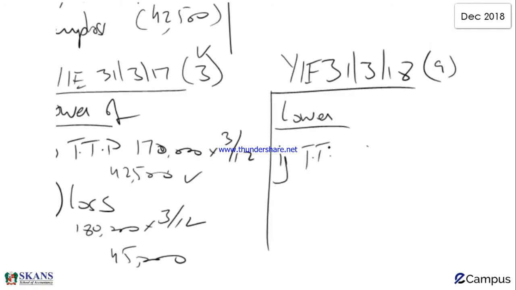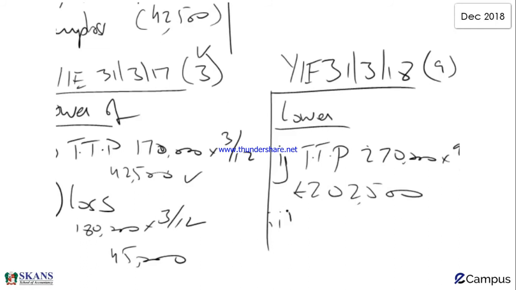Taxable total profits of 270,000 times 9 by 12 will be 202,500. And the second thing would be the loss of 180,000 times 9 by 12.